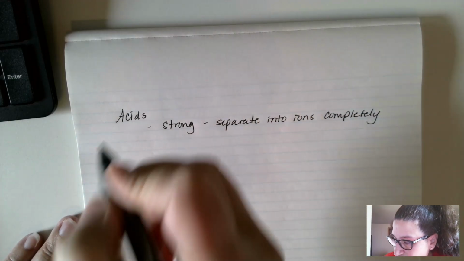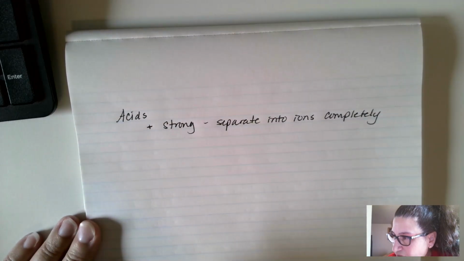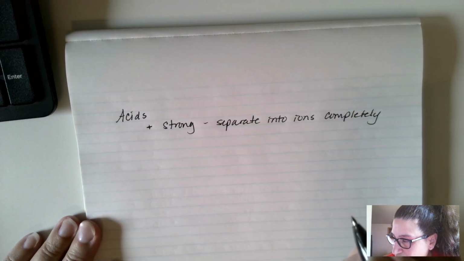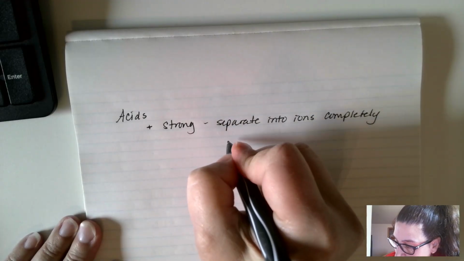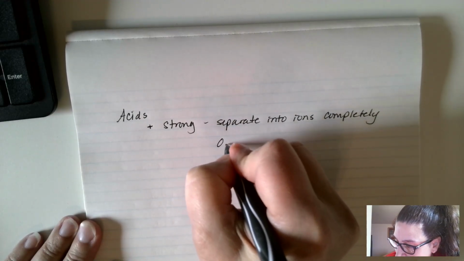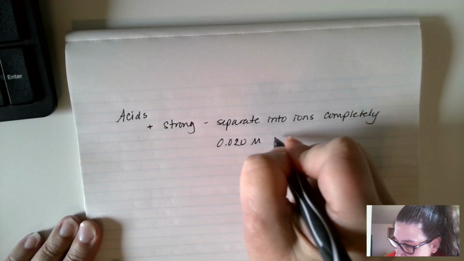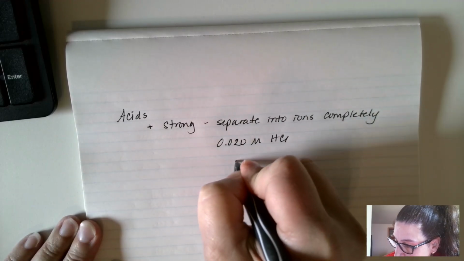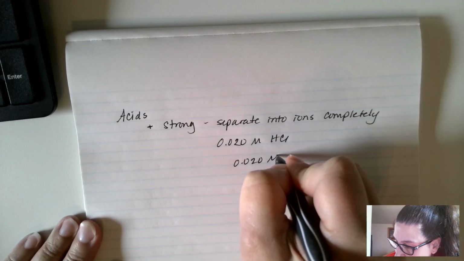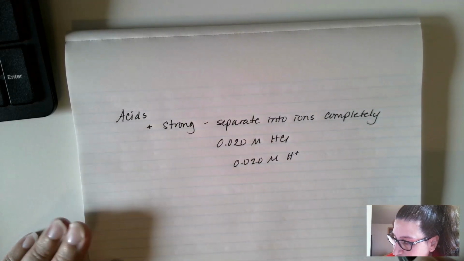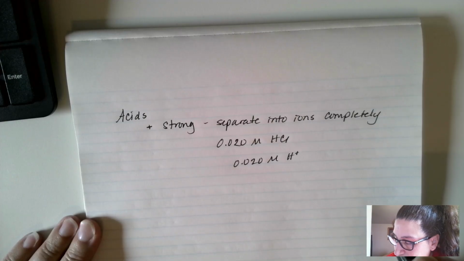Strong acids are ones that separate into ions completely. That's why in the first video, if we had 0.020 molar of HCl, then we have 0.020 molar of the H+, because it completely separates into ions.